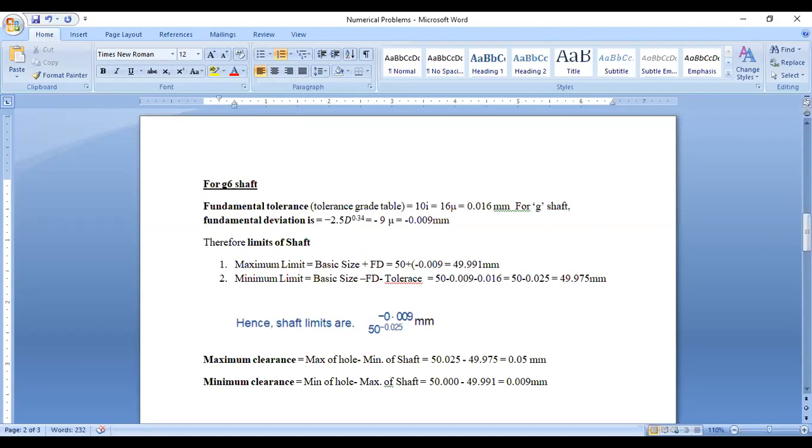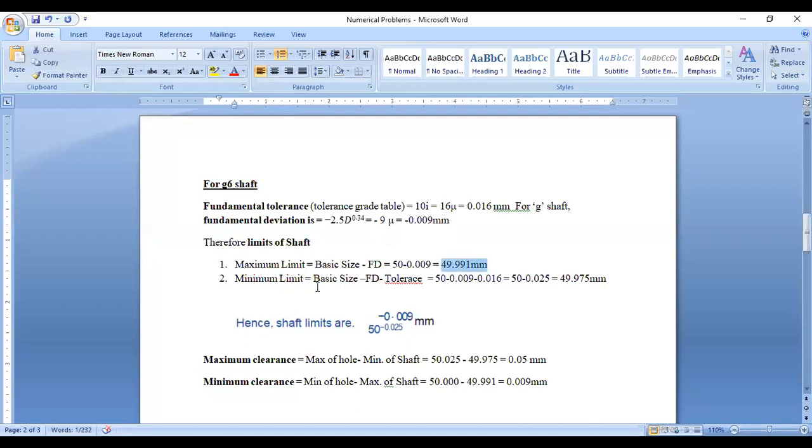Both have the same meaning. So if you are getting confused, directly take this as negative and no need to worry about the sign here. Directly you substitute only the numerical value, minus 0.009. So you will get one limit, that is 49.991 mm. That is the maximum limit.